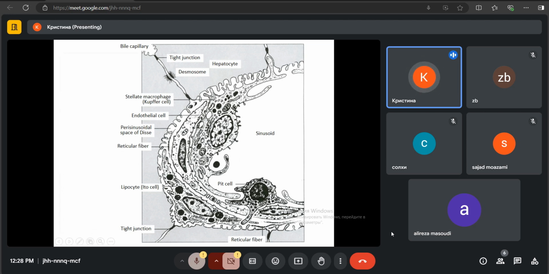As any natural killer lymphocyte, it acts like the T killer. It kills the cells that are not normal.